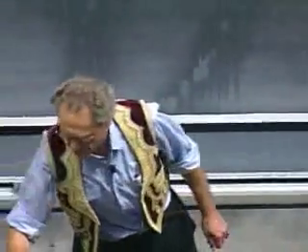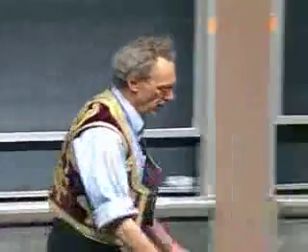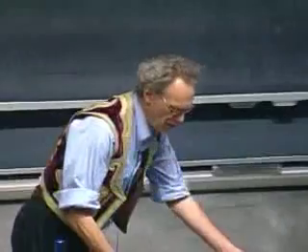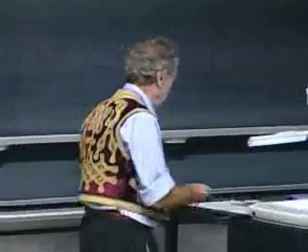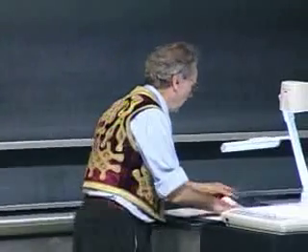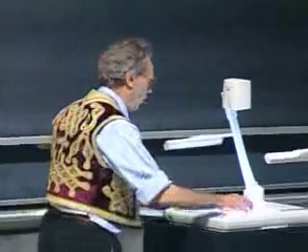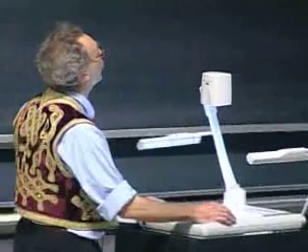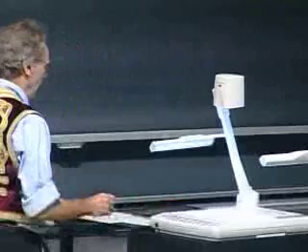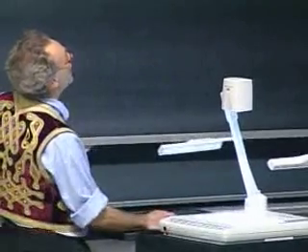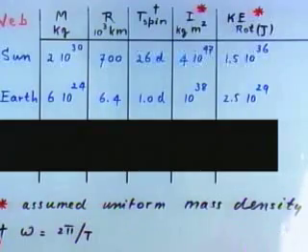I will first discuss with you the sun and the Earth and see how much rotational kinetic energy is stored in the Earth and in the sun. This is also on the 801 homepage, so don't copy this. Let's first look at the sun. We have the mass of the sun. We have the radius of the sun. So you can calculate the moment of inertia of the sun.